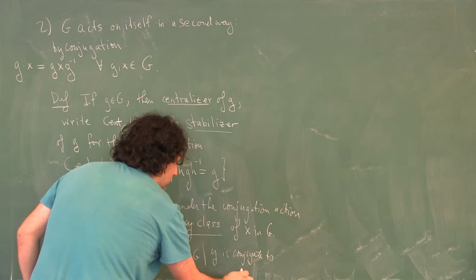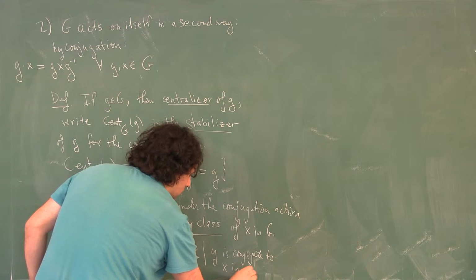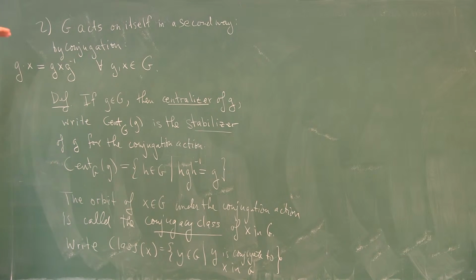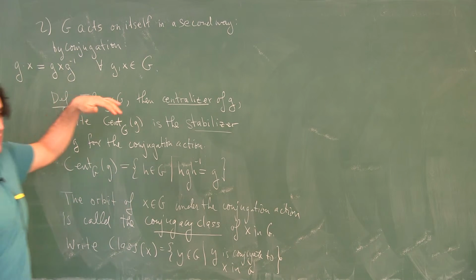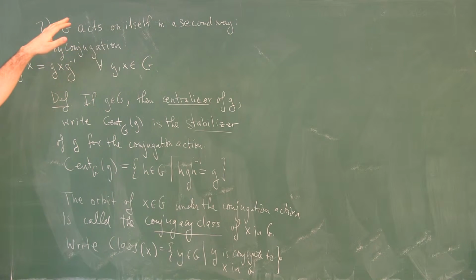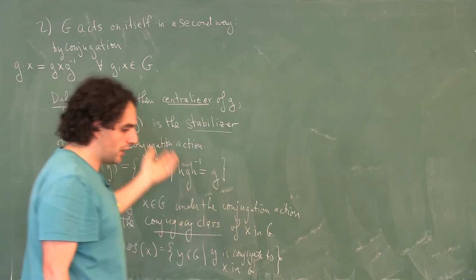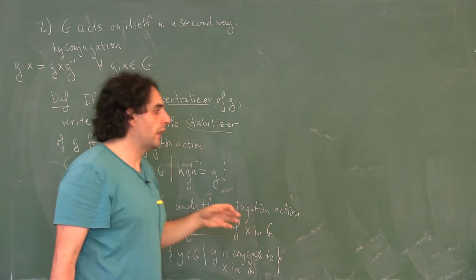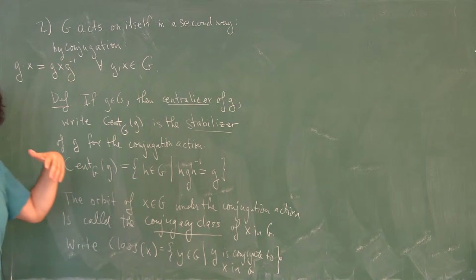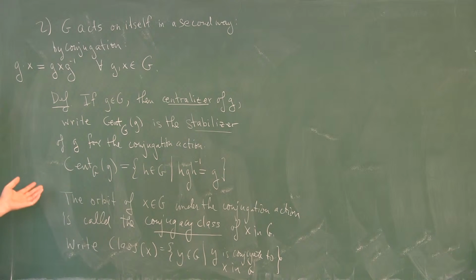Now let's compare what's going on between the two examples. In the example of G acting on the quotient by a subgroup, we know that that action is always transitive. In this action of conjugation, that is almost never transitive.